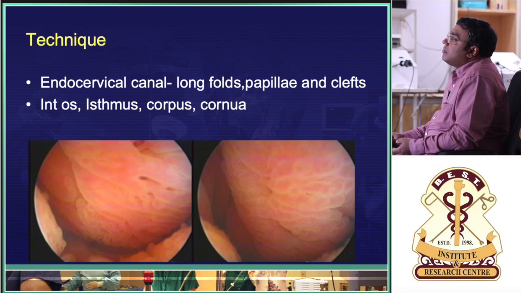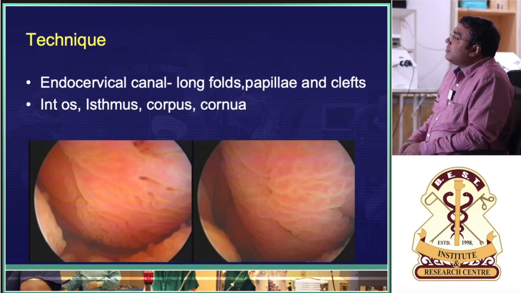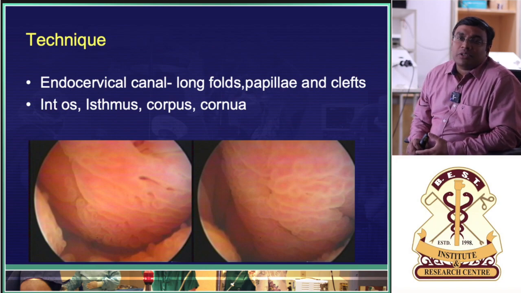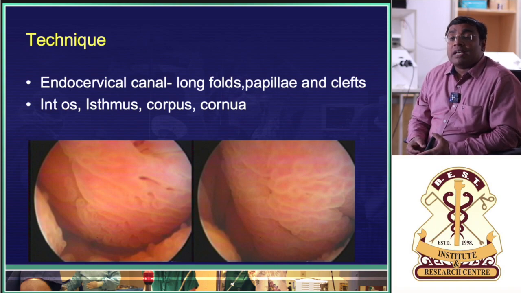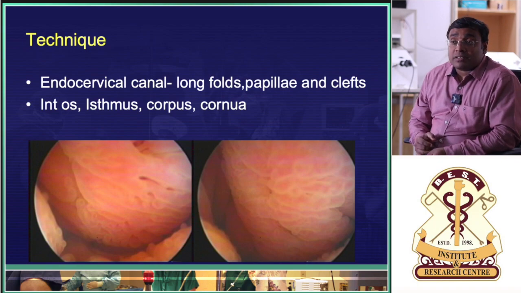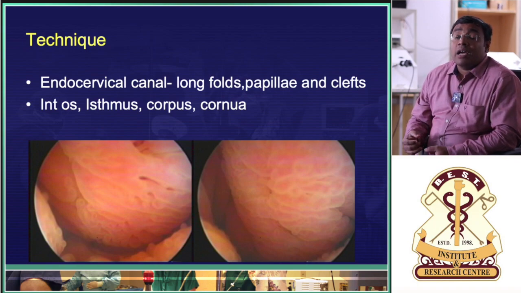Some people use misoprostol as priming. In the modern hysteroscopic era, we don't prime the cervix because we use a 2.9 mm hysteroscope. Suppose the patient has a history of cervical stenosis, prior surgeries on the cervix, unable to do an IUI also, or an embryo transfer is not possible.